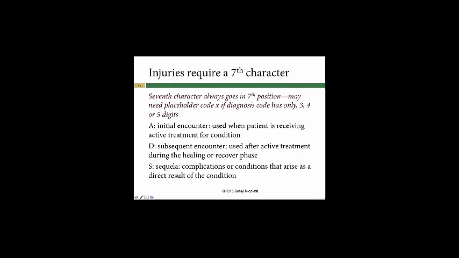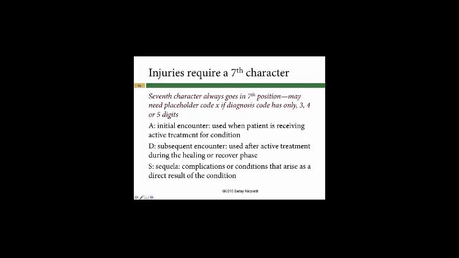If you listened in on the trauma one, you already know about this. But an injury requires a 7th character extender. If you're treating a fracture, so a fractured orbit, then you're going to have more choices for your 7th character extender than these 3. But most of the injuries that you're going to treat are going to require one of these 3. And the 7th character always goes in the 7th position.